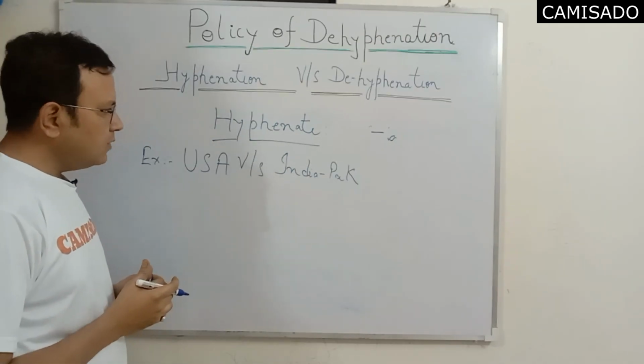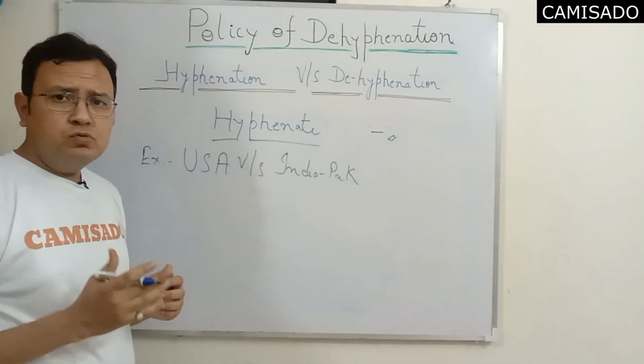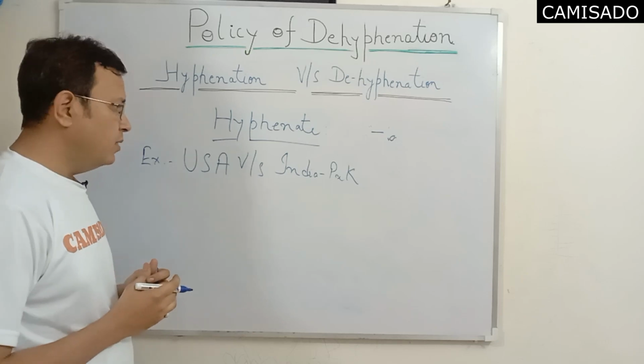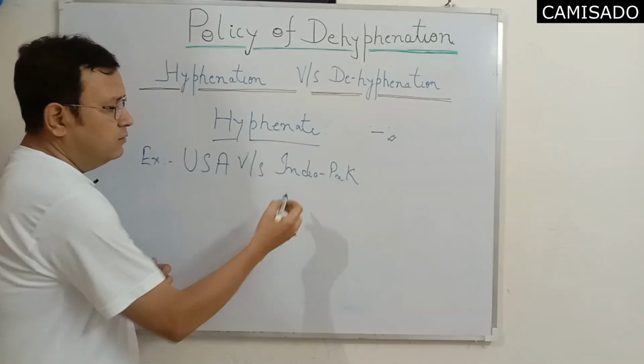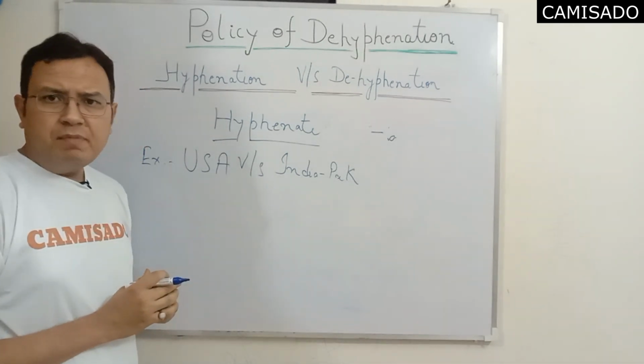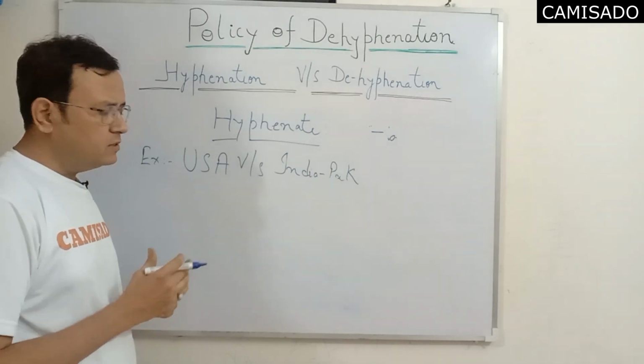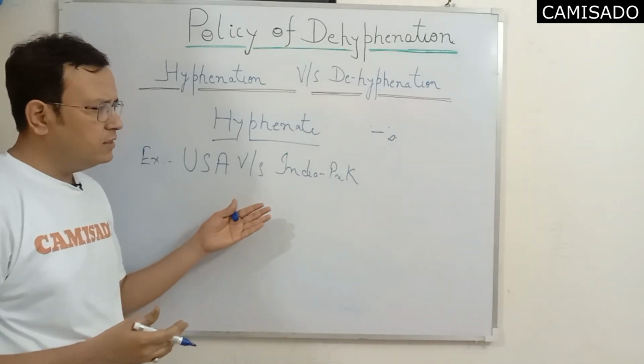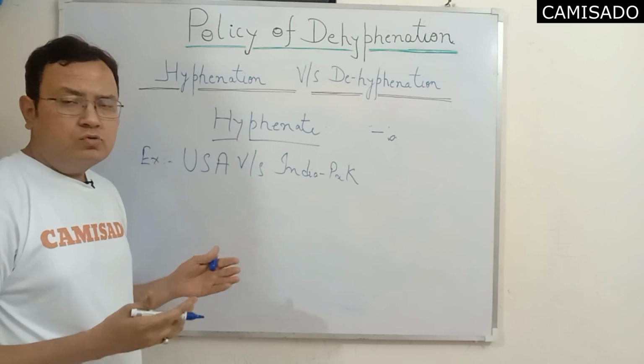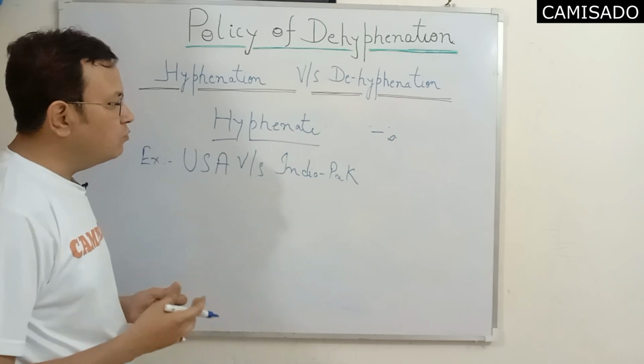But as we know, there are two important facts to understand here. First, the inimical relationship between India and Pakistan. Since more than 7 decades, both countries are at loggerheads or do not enjoy a good relationship. This is a well-known fact.